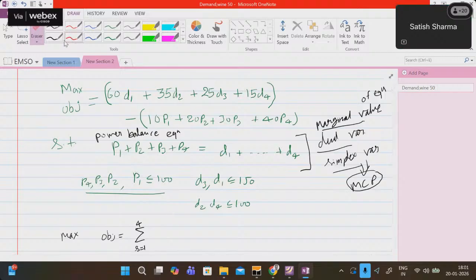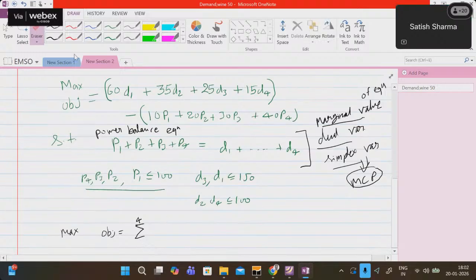I have used a variable as note again. So first of all, we have demand. So let's say d equals 1 to, and instead of capital D, should I use n? I will use it.